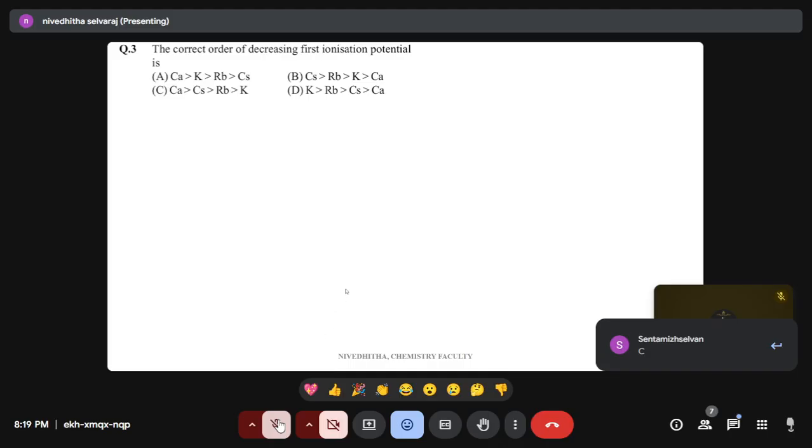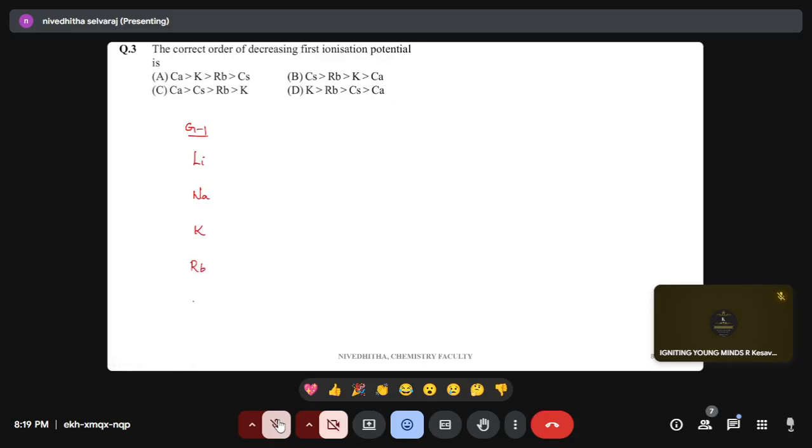Okay, now the children's answer is option C. Okay, we'll check now. I'll give you the elements in group 1 and group 2. What is the first element in first group? Lithium, sodium, potassium, rubidium, cesium, and francium.